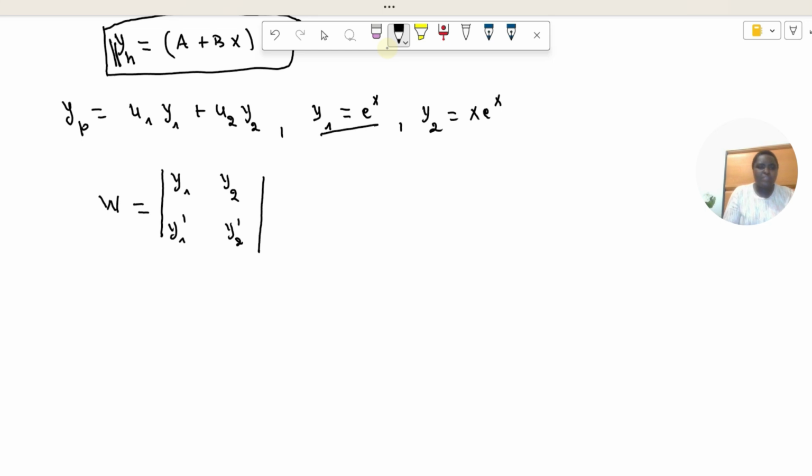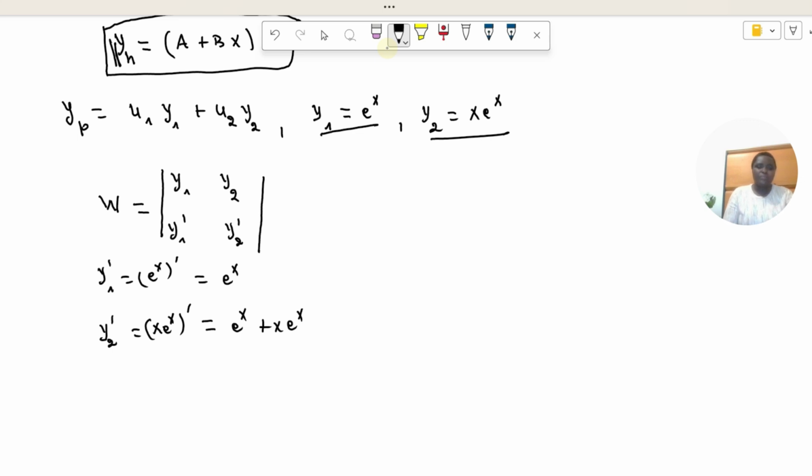This implies that y1 derivative is equal to e power x derivative, and this is equal to e power x. And y2 derivative is equal to x times e power x derivative. We have y2 here, so y2 derivative is the derivative of it, and it is equal to e power x plus x e power x.